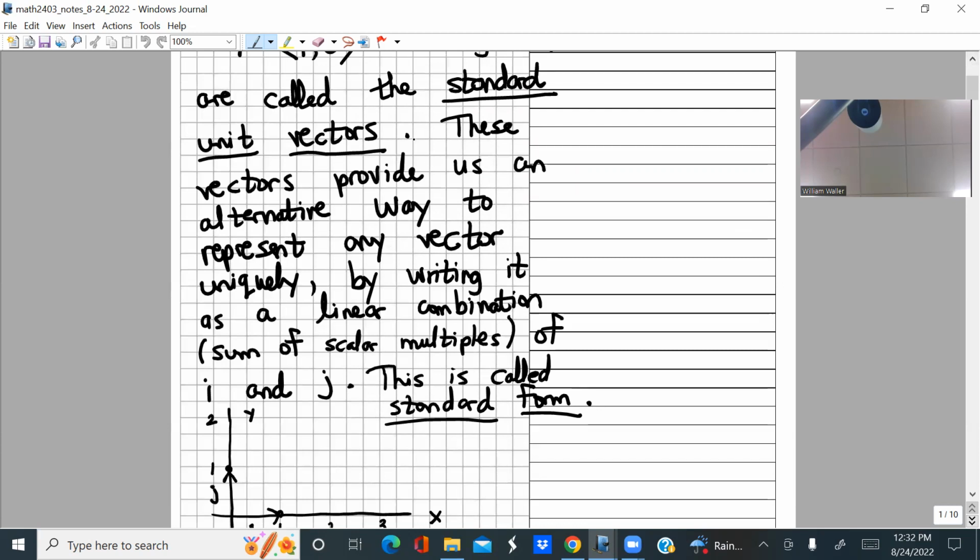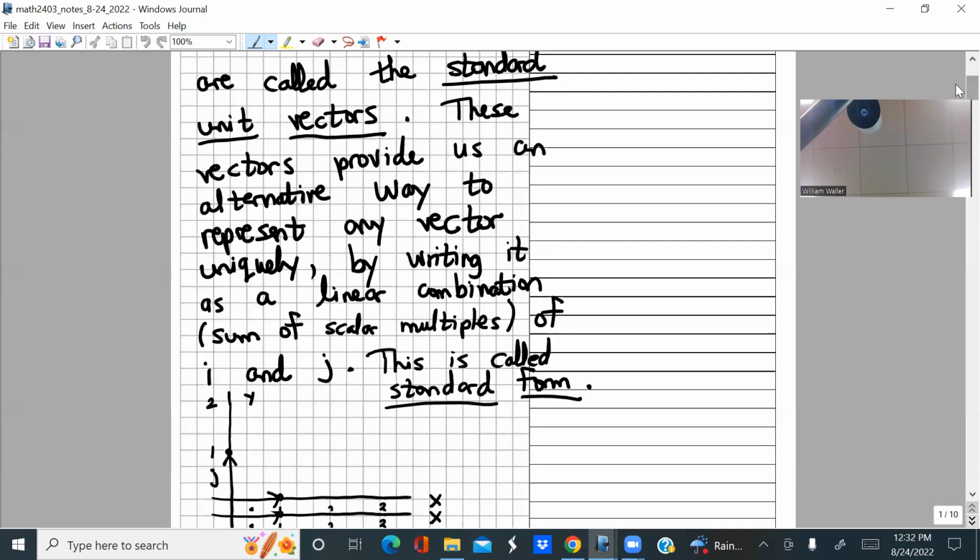Now, the way we're going to use I and J is, once we've got them defined, we can express other vectors in component form as a combination of these two vectors. Let me show you how we do that. It's very simple.